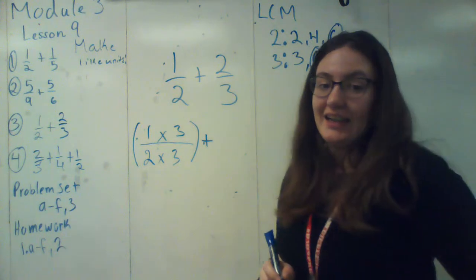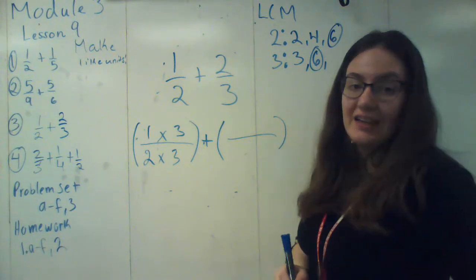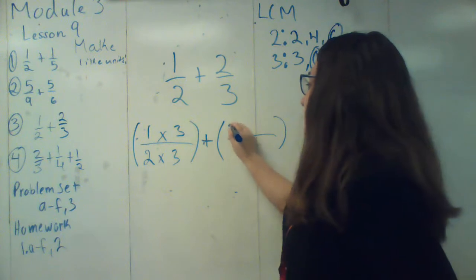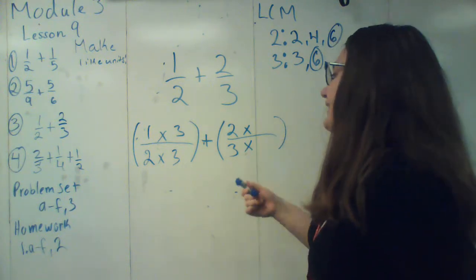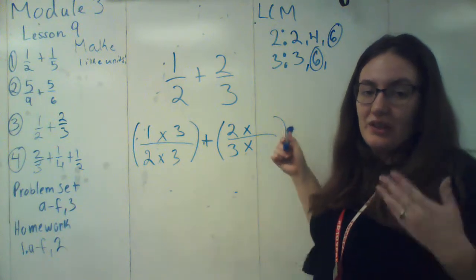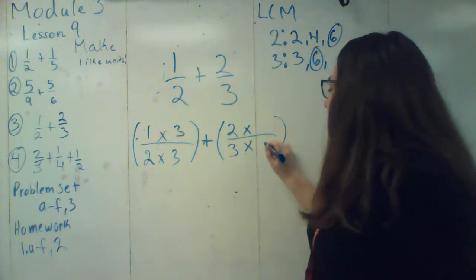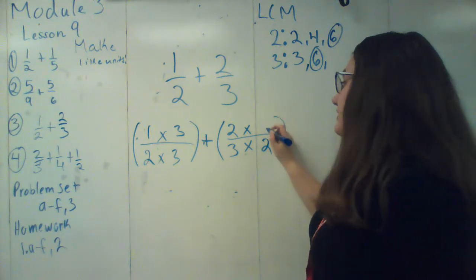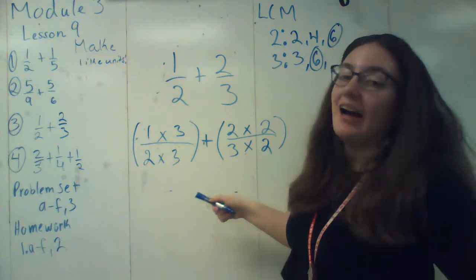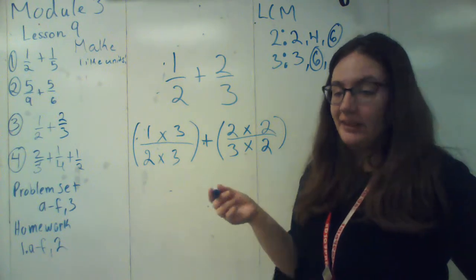Then I go ahead and add, and I write my next set of parentheses with my fraction inside of it. So now I have 2/3 times 2 over 3. And I multiply, and I think about, well, 3 times what would equal 6? So I put a 2 right here, and remember, whatever I do to the bottom, I have to do to the top.